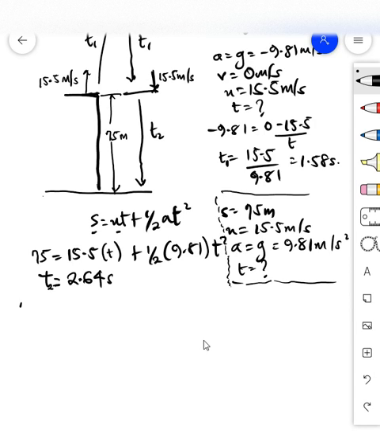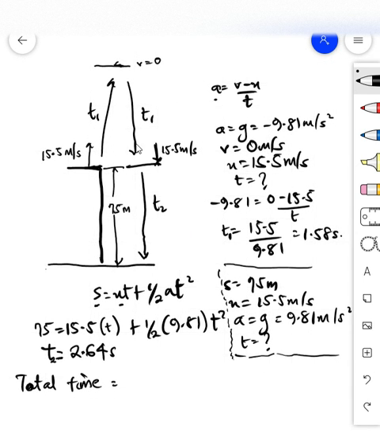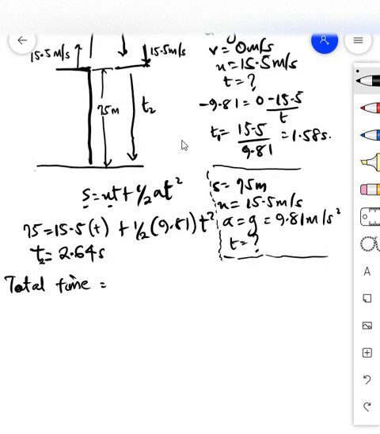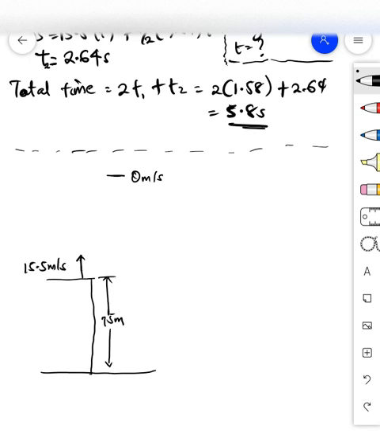To find the total time, it will be 2 times T1 plus T2, which is 2 times 1.58 plus 2.64, which equals 5.8 seconds.